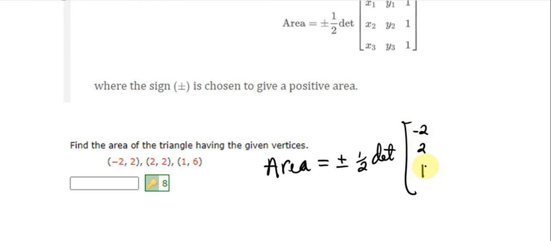The second column would be the y values, 2, 2, and 6. And then here, just 1, 1, and 1.